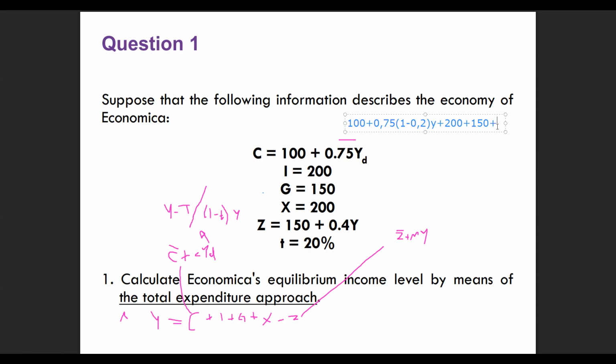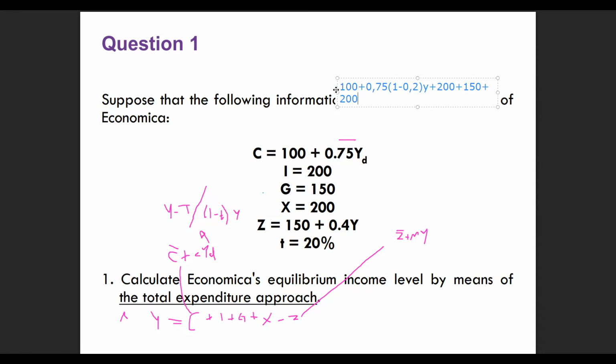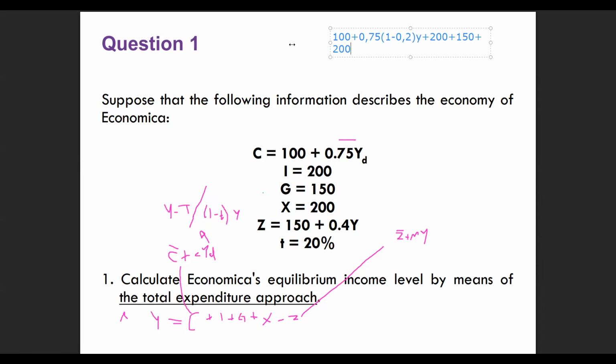And then plus G, plus export, which is 200. 200 minus, open the bracket, 150 plus 0.4Y.